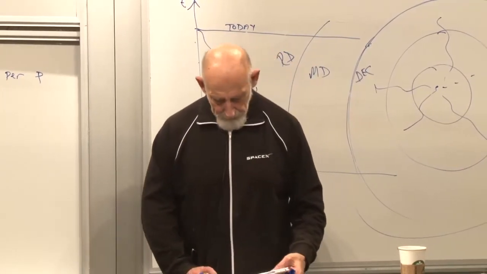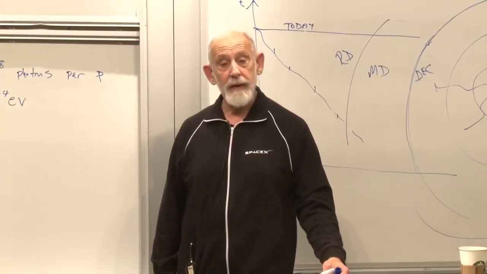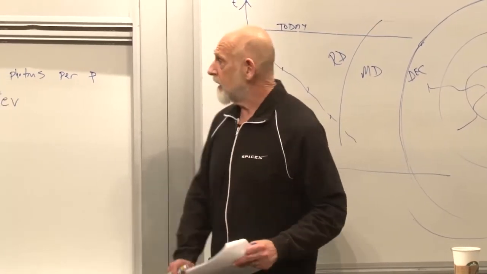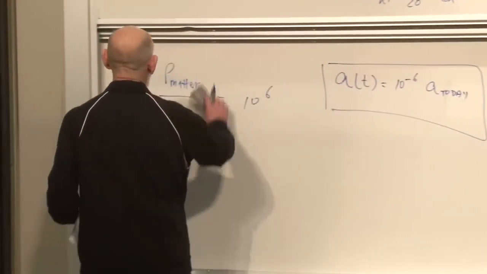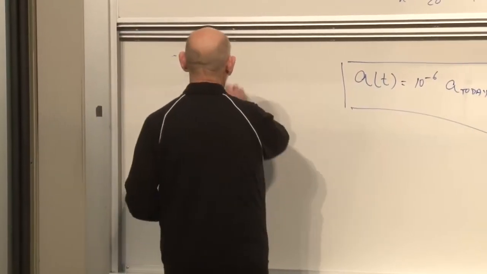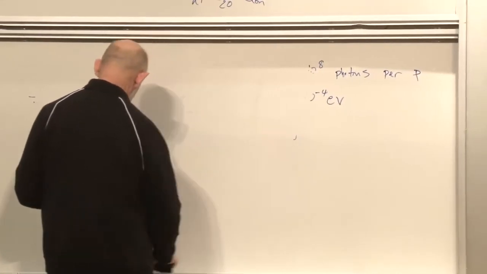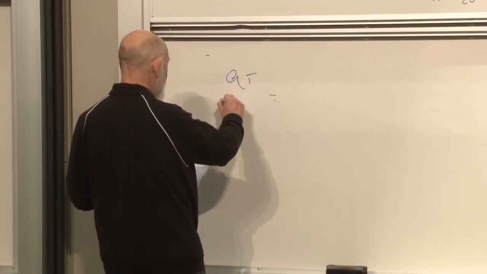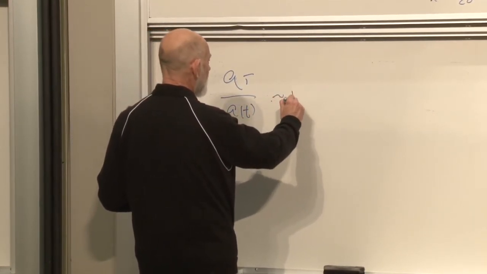And something new happens when the temperature gets to be about 10 to the 10th Kelvin. That corresponds to A today over A of t of about 10 to the 14.